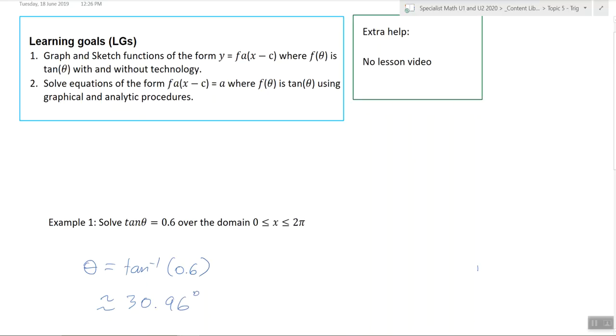Okay, now we go to, so we figured out what it is in which quadrant? First quadrant. It's also going to be in the third, because tan is positive in the first and third quadrants.